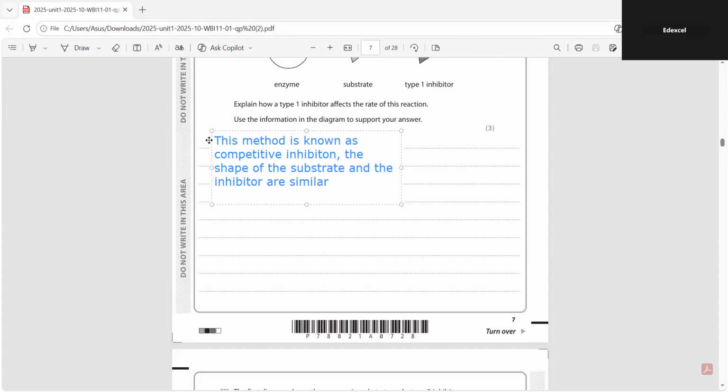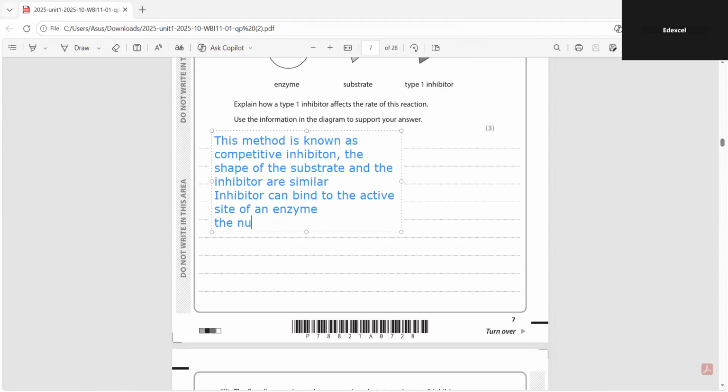Then what can we write? Inhibitor can bind to what? The active site. So since it's binding to the active site of an enzyme, the number of active sites available for the substrate to bind will decline.